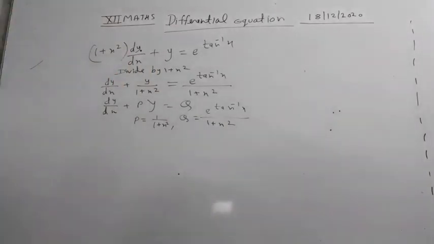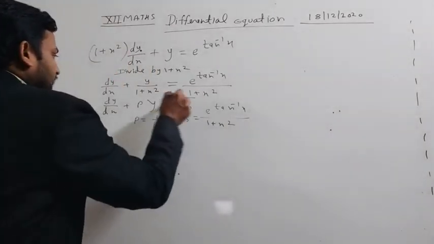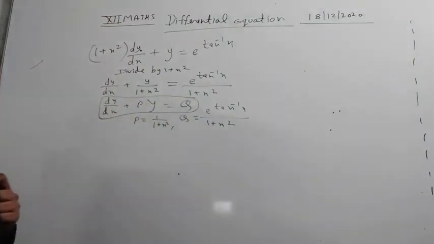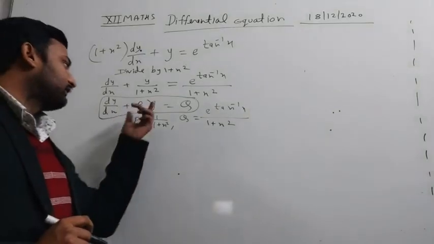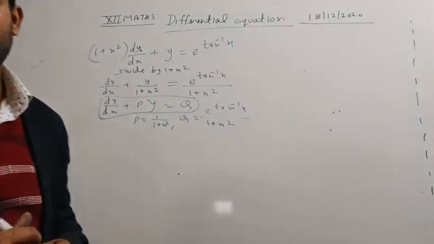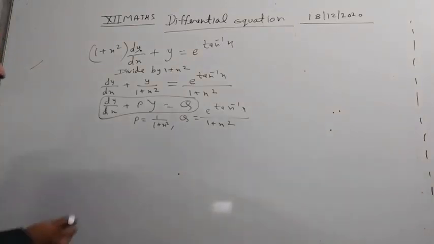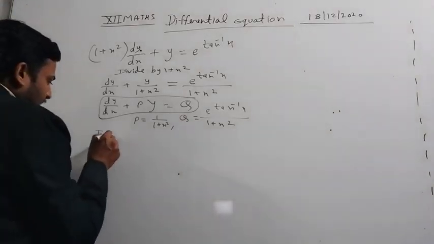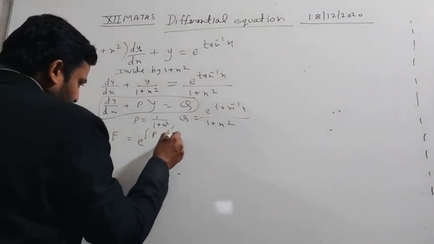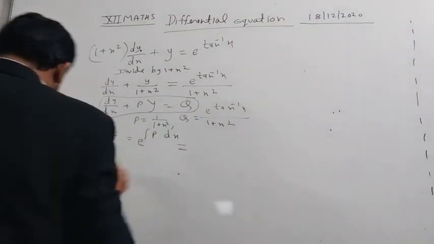So this is our linear differential equation student, and a linear differential equation is of the form dy by dx plus py is equal to q, and for this we compare p and q, write the value of p and q, and after that we find our integrating factor IF, which is equal to e to the power integral of p dx.